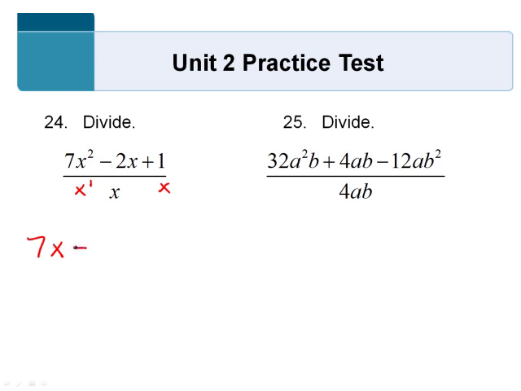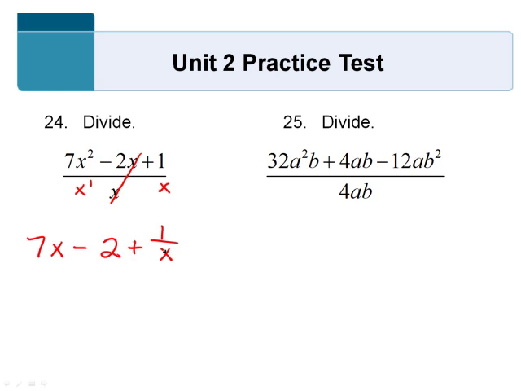Then minus the 2 is just going to come down, and the x's, x divided by x, that cancels out. Okay? Now the last term people get wrong because they mess with it. You can't do any simplifying to 1 over x. So you leave it exactly that way. It just stays as a fraction. So a lot of people get that last term wrong, so be careful about that.